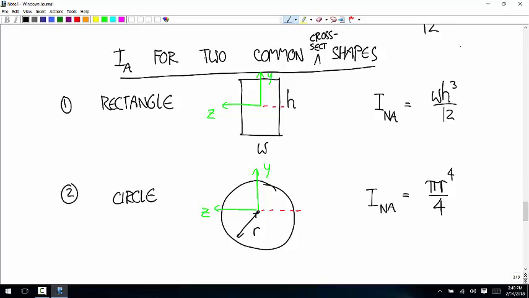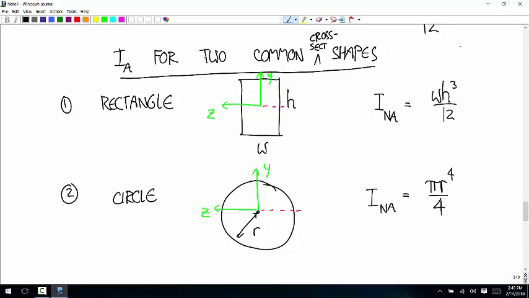But the total area moment of inertia has its neutral axis somewhere different than the individual ones. So these are the area moment of inertia for the neutral axis of the individual shapes. That's not necessarily how we're going to use them, so we're going to have to use the parallel axis theorem to get the area moment of inertia for, for example, this about the total shape's neutral axis, which might be down here or something, depending on how you're adding these up.